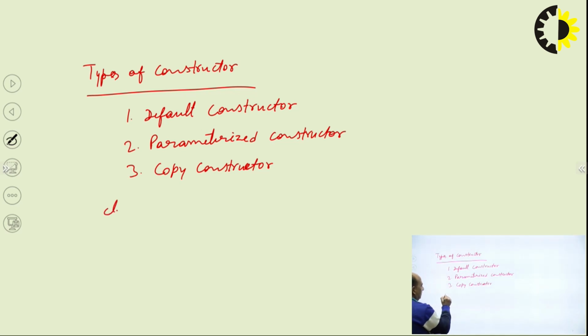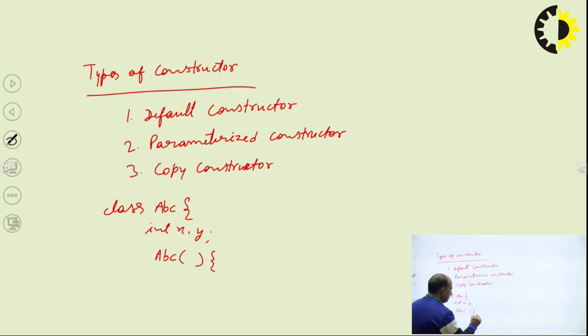Let's say we have a class ABC with variables x, y, and we have created a constructor ABC without any parameter, and this constructor is initializing x equals 10, y equals 20. We have not passed any parameter, but by default it is initializing 10 and 20 to x and y.